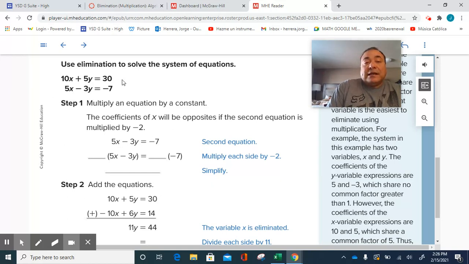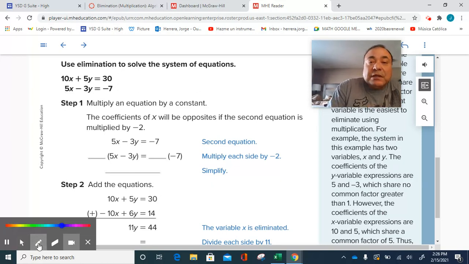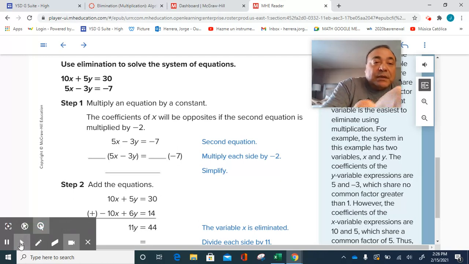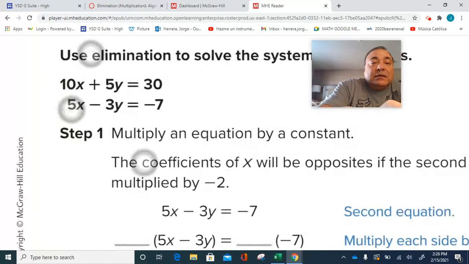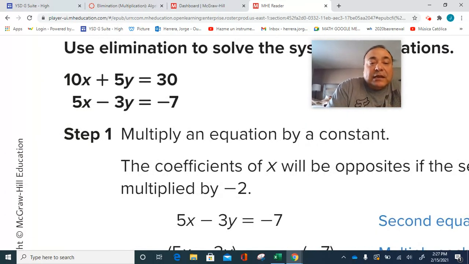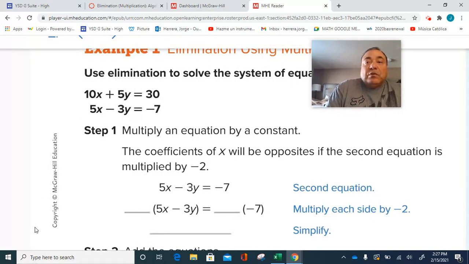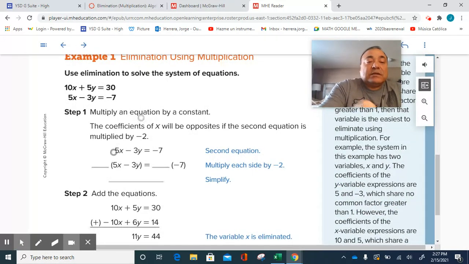The book will guide us in canceling the x's right there, so please be patient. With your permission, let me see if I can make this just a little bit bigger. There we go. This is what they're going to do: they're going to cancel that, and the book will guide us in doing it a little bit differently.